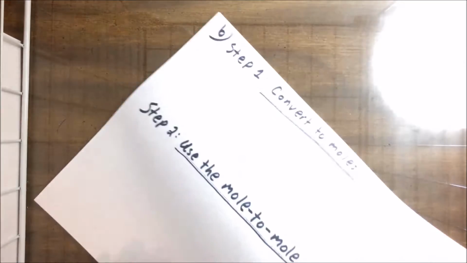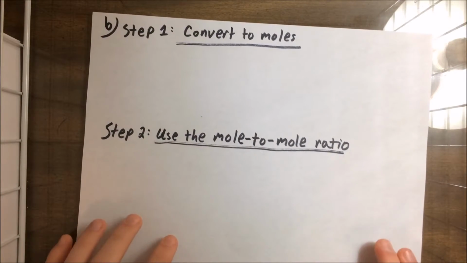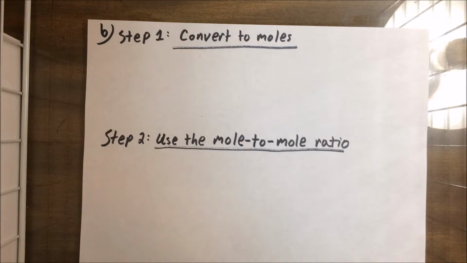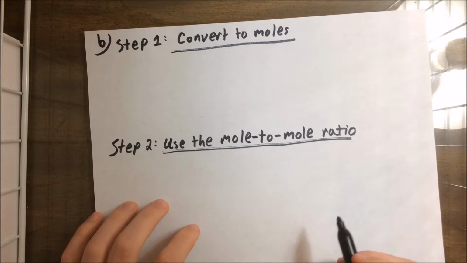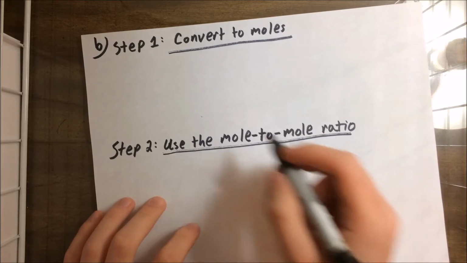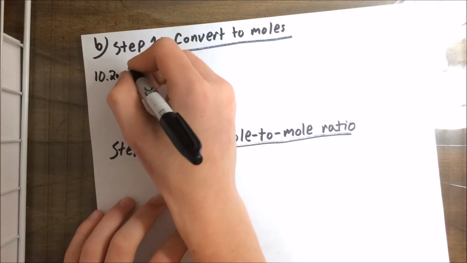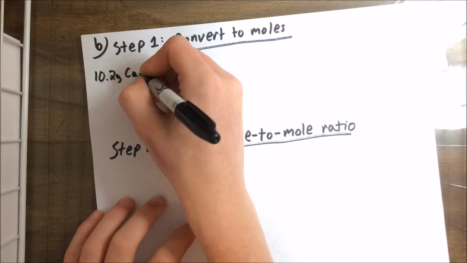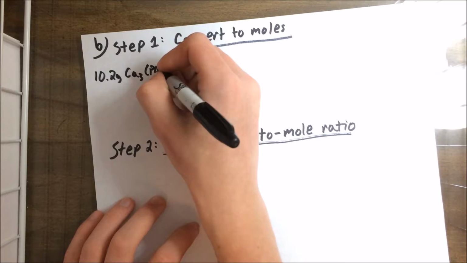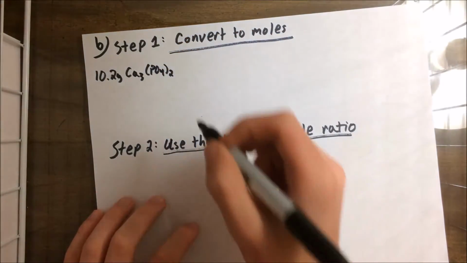Okay, so now let's do part B. In part B, we're trying to find what mass of sulfuric acid was used in this reaction. So step 1 is to convert from the given quantity, 10.2 grams of calcium phosphate, to moles.